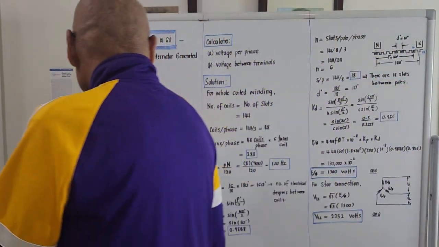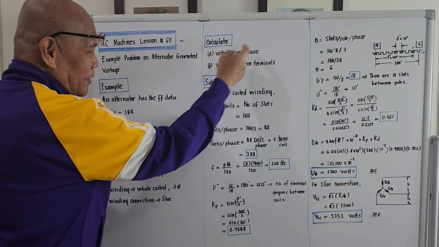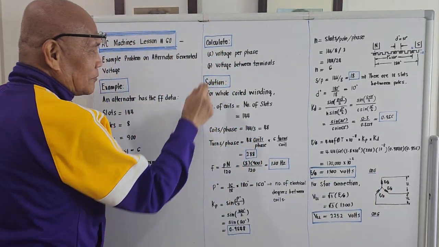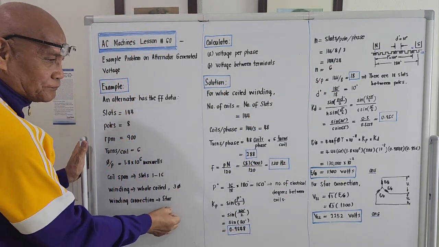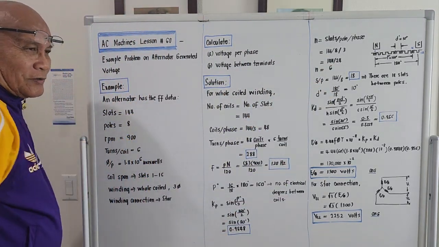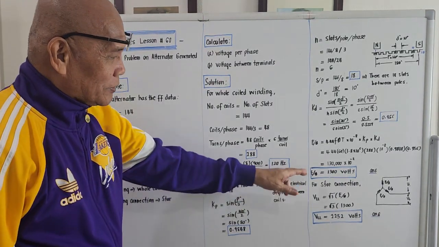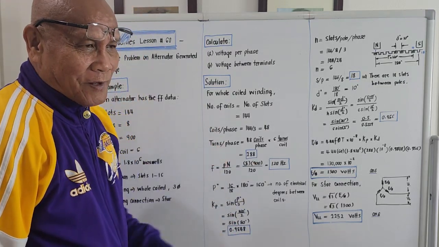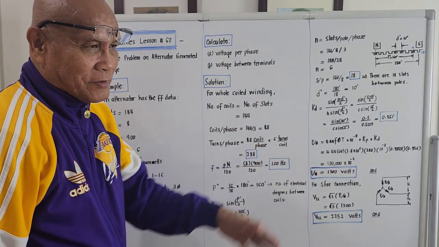Okay, let's try to continue the problem. Calculate the voltage per phase of the alternator, and the voltage between terminals if the connection is a star. So actually, before we could compute the voltage per phase, there are so many parameters that control how the voltage will be generated.